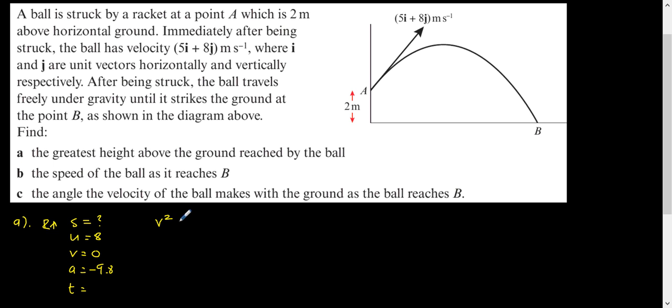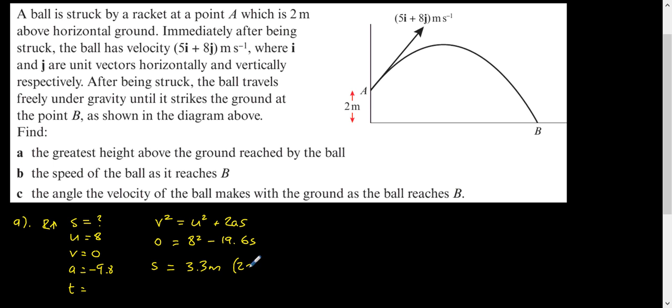So we can use v squared equals u squared plus 2as. So 0 is given by 8 squared minus 19.6s. And so s is going to be given by 64 divided by 19.6, which is 3.3 meters.